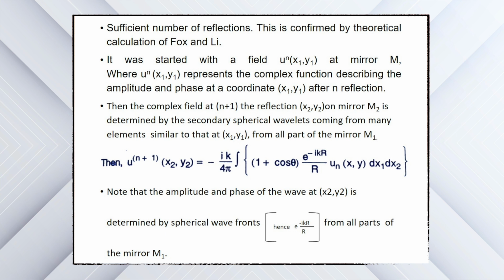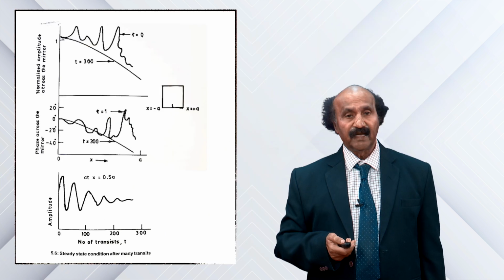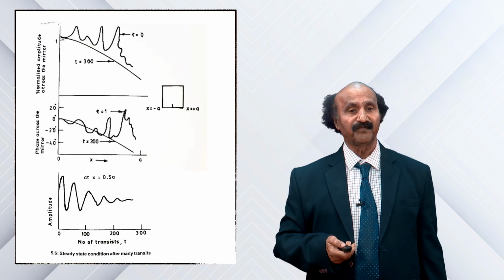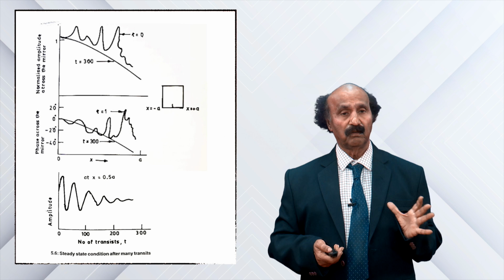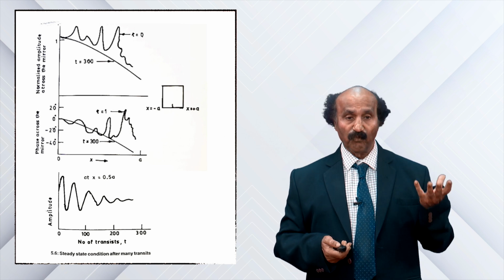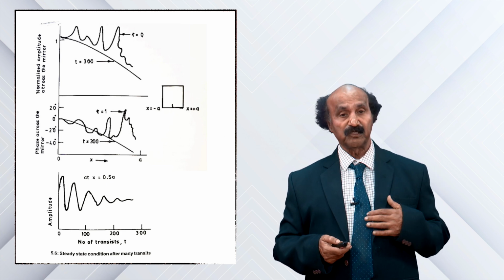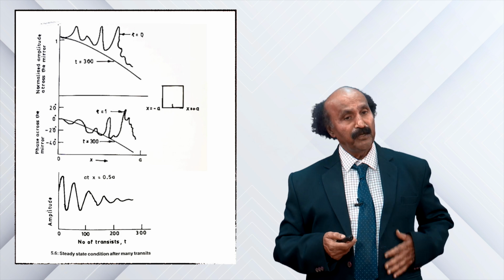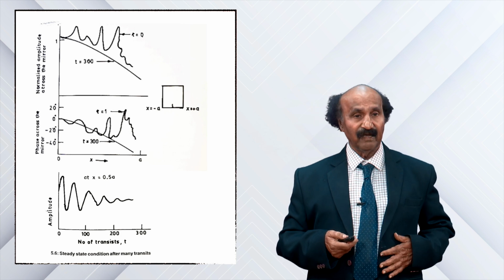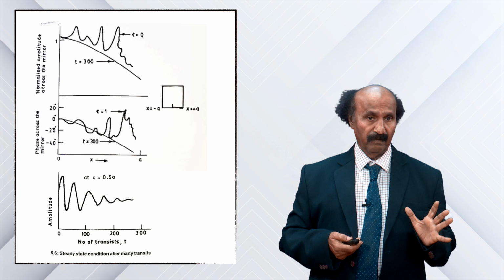Then they said, if I start with this one and allow the wave to go back and forth, and then they calculated for an open rectangular mirror, then when t is equal to 0, that is the number of transits is 0, or 1 or 2, you see the first top figure says the amplitude on the face of the wave is totally random.